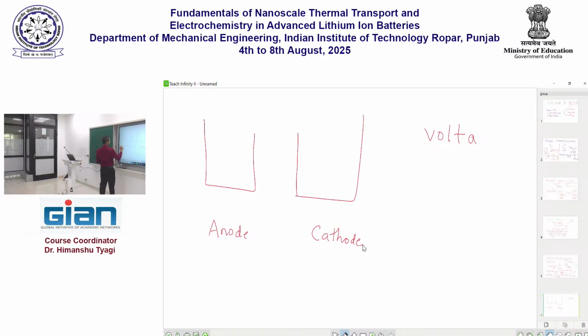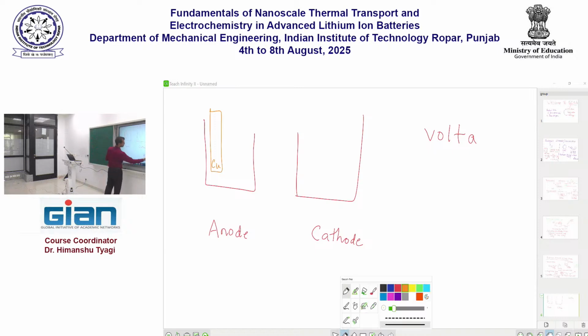In the anode, now I can use a lot of colors, so let's do this. I have a copper bar in a solvent that has copper ions in it.